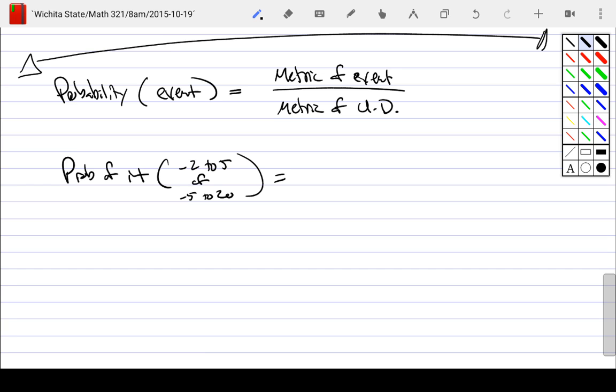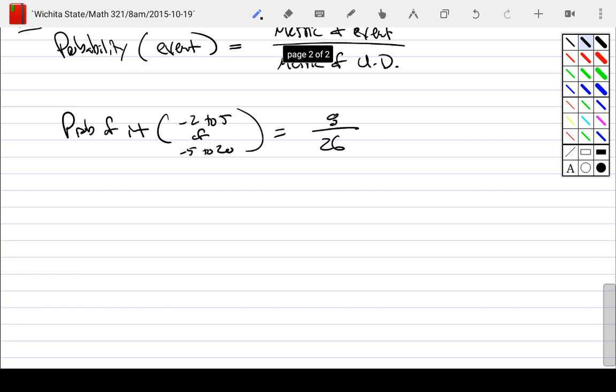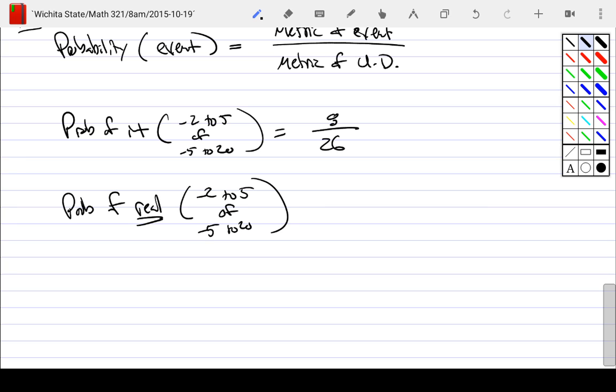There's 8 of them, right? And then how many integers from -5 to 20? What if I asked you for the probability of a real from -2 to 5 of -5 to 20?